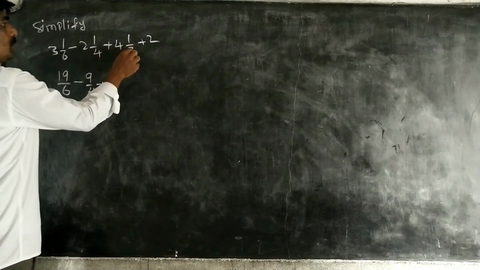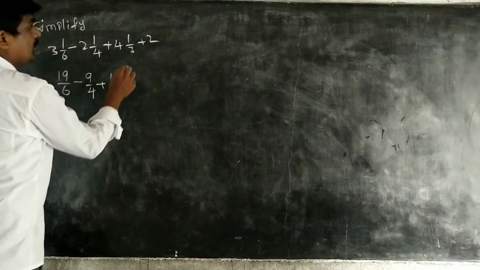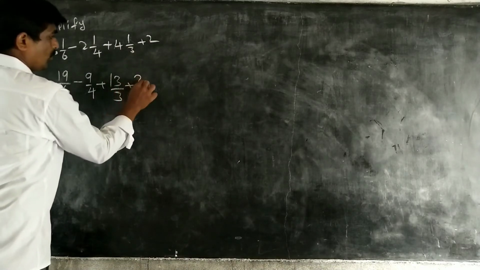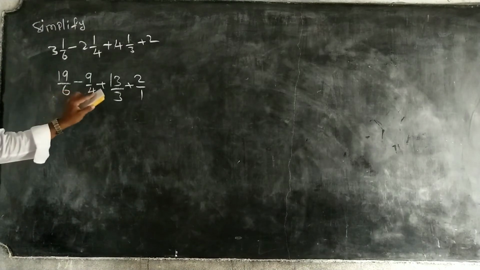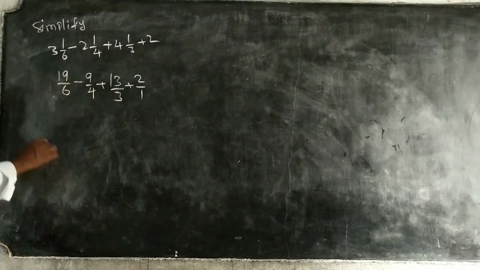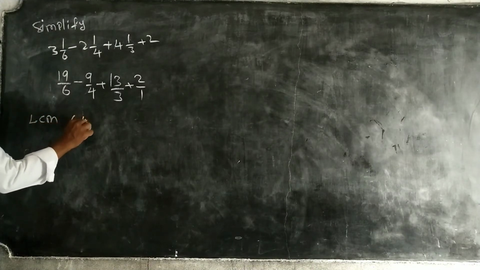Plus 4 threes are 12, 12 plus 1, 13 by 3 plus 2 by 1. Now I am going to find the LCM of 3, 6, 4, 3. So LCM of 6, 4, 3.